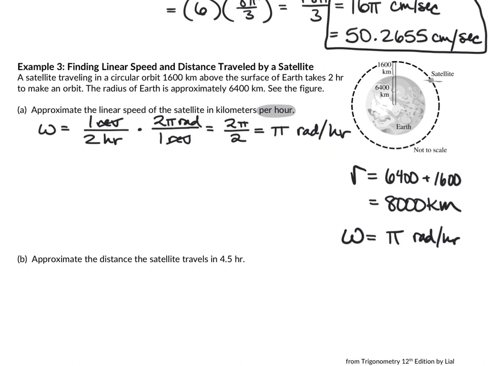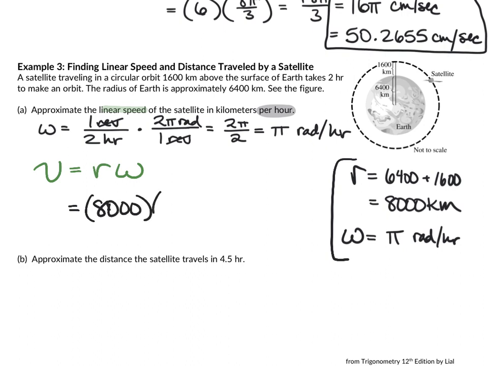Whew. Okay, now the question here was actually asking for linear speed. We have a formula for linear speed that relates radius to omega since that's the only two things we have. We know that linear speed should be equal to R times omega. So if we fill that in, the radius was 8,000 kilometers, and omega is pi radians per hour, which means 8,000 pi kilometers per hour.